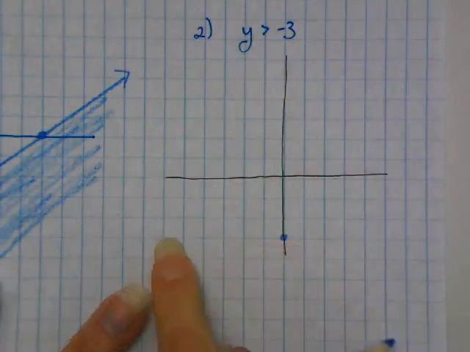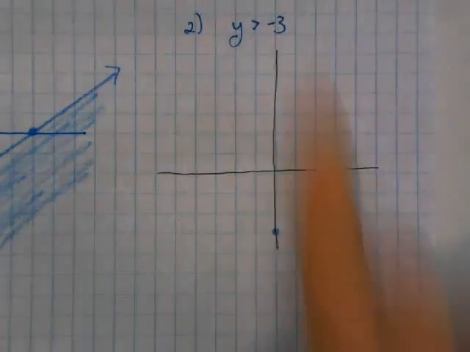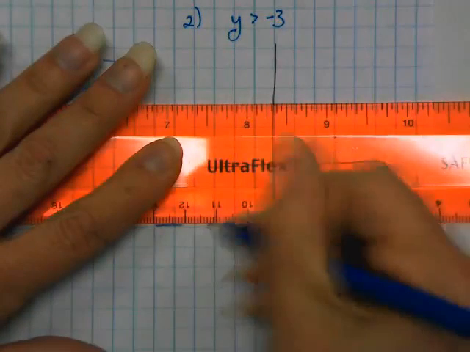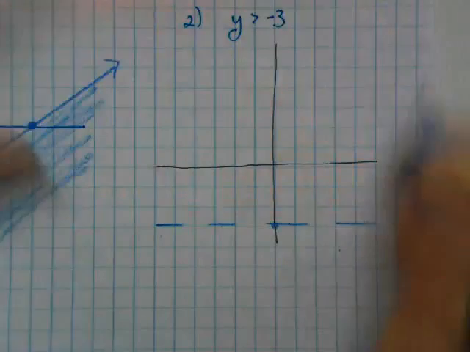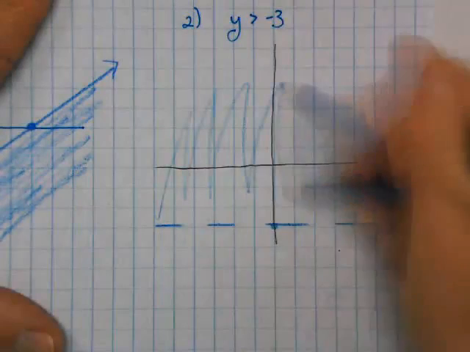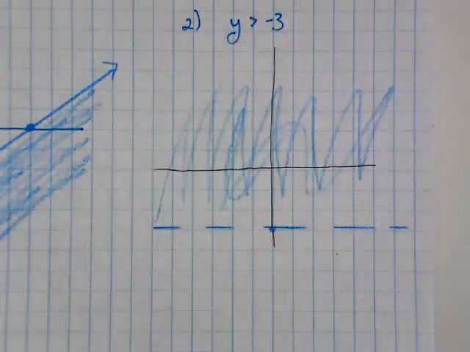Now, the line y equals negative 3 lies flat. Because this is a greater than and not a greater than or equal to, I'm going to do a dashed line, and I will shade greater than, so above this line. Okay? So that's a linear inequality.